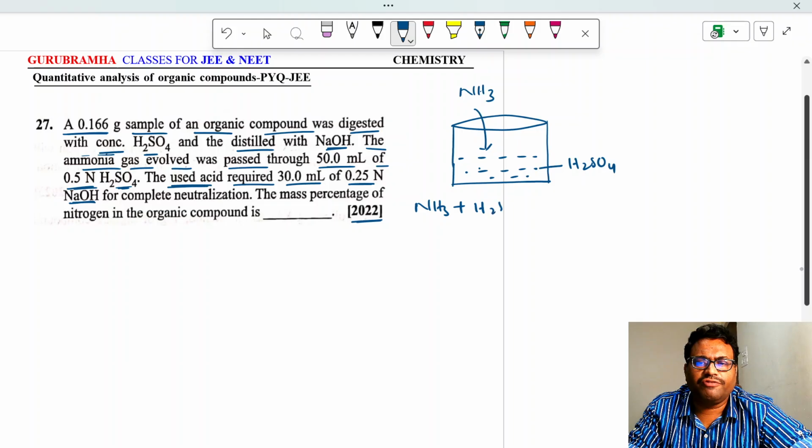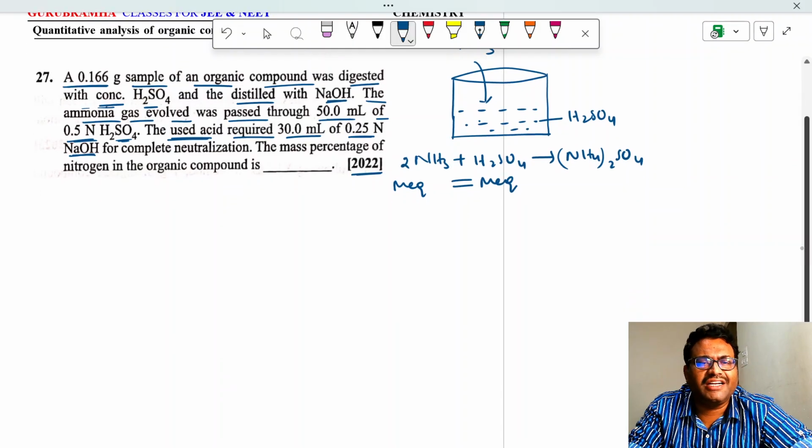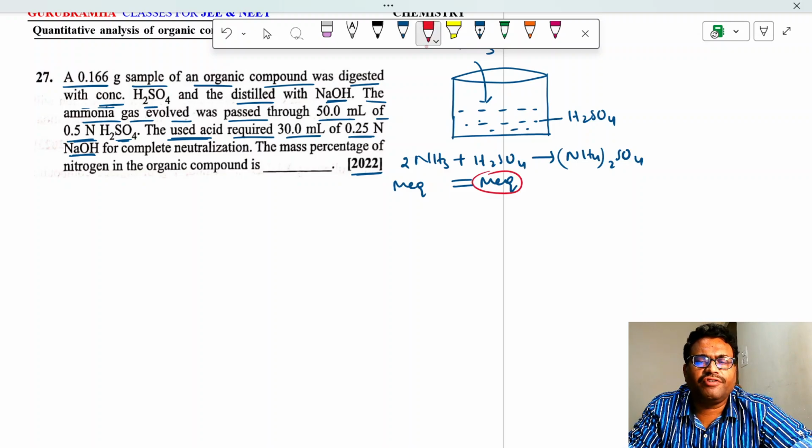So now let us write the equation. NH3 plus H2SO4 gives rise to (NH4)2SO4. We know that milli-equivalents of NH3 is equal to milli-equivalents of H2SO4. What is the milli-equivalents of H2SO4 that reacted? If you calculate the milli-equivalents of H2SO4, then we will be able to know the milli-equivalents of NH3.